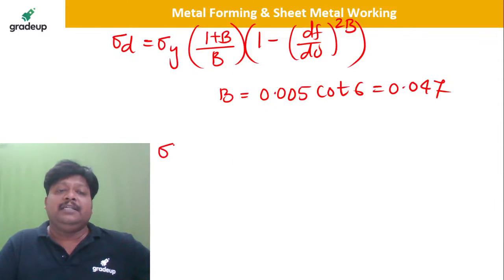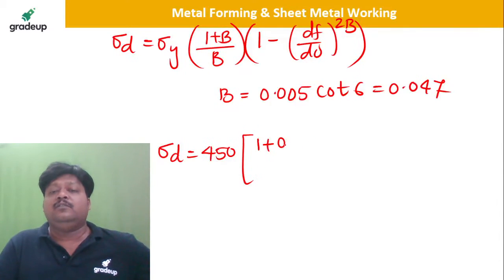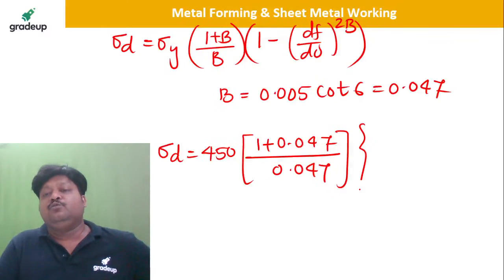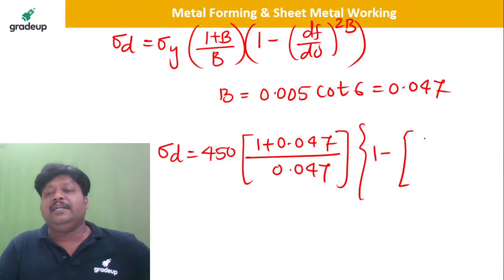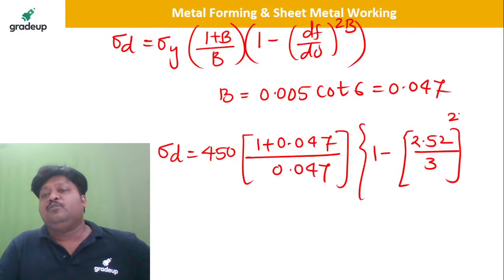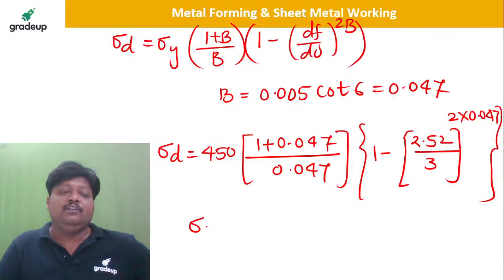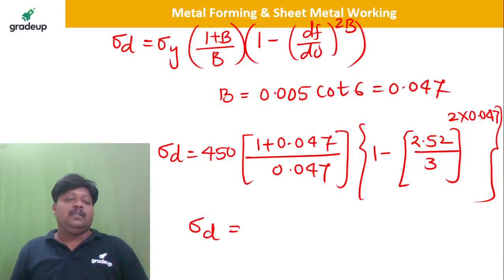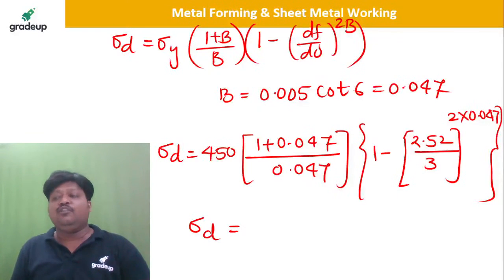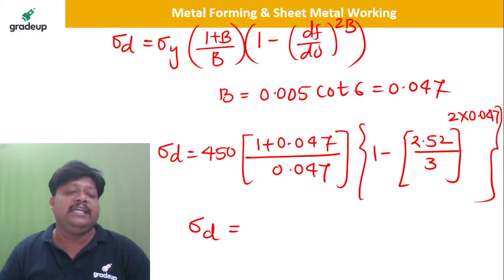So tell me what is sigma d now. Sigma y is 450 into bracket 1 plus 0.047 divided by 0.047 into bracket 1 minus d final 2.52 divided by 3 to the power 2 into 0.047. Tell me the sigma d value.